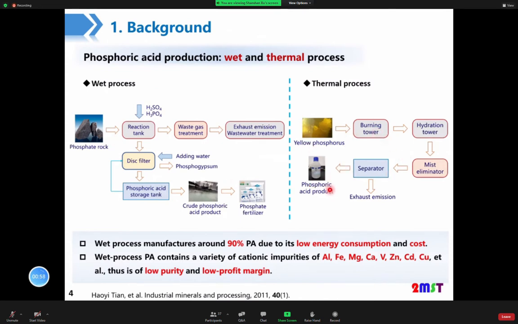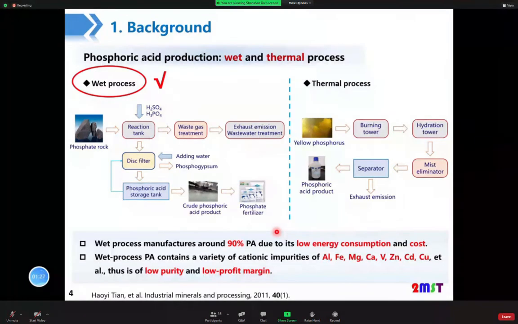The wet process manufactures around 90% of phosphoric acid due to its low energy consumption and cost. However, the wet process phosphoric acid contains a variety of cationic impurities, thus is of low purity and low profit margin. So further purification is required to produce industrial-grade, food-grade, and electronic-grade high-purity phosphoric acids.